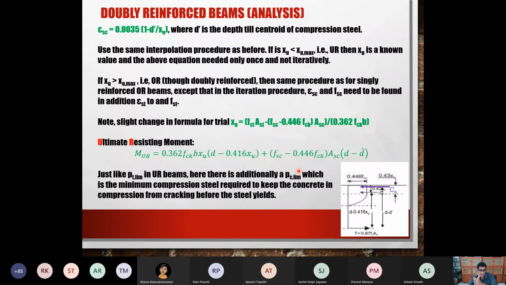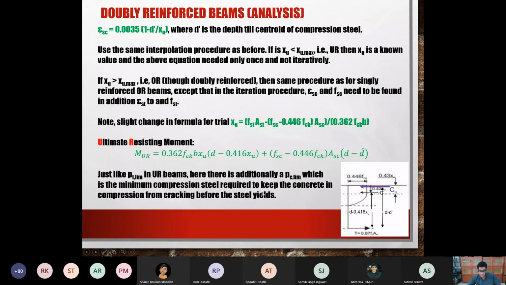The PC limit is the percentage of steel which you need to give on the top for a doubly reinforced beam. Minimum, meaning the steel should be more than that. You should give at least that much compression steel on the top to make sure that it is under reinforced and doubly reinforced. So this is the procedure.